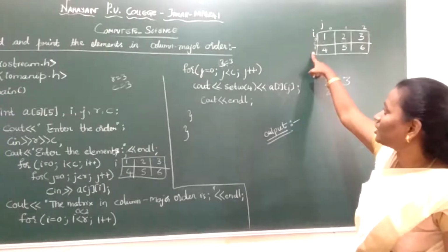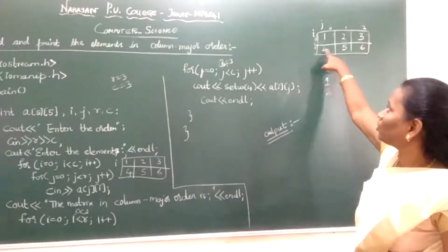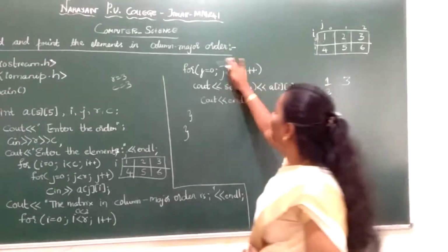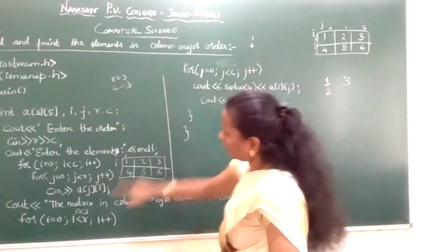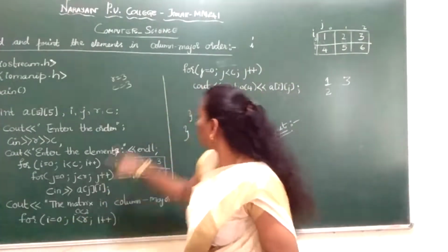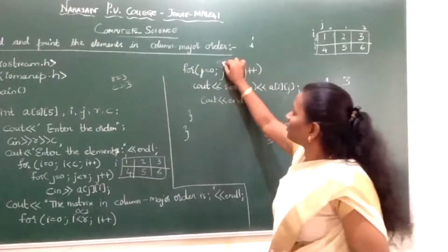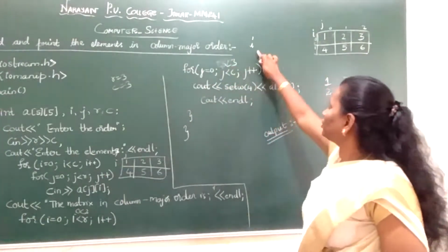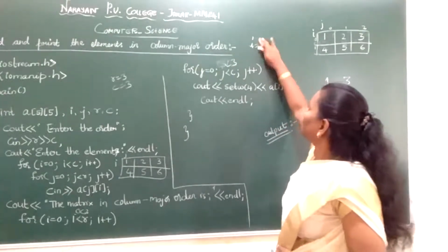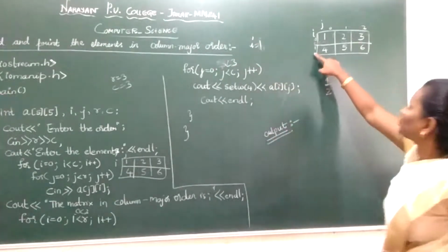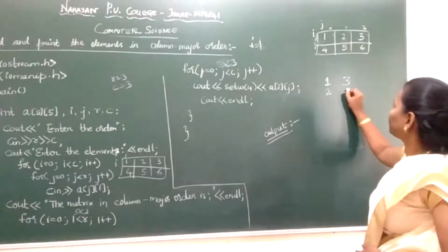When i value gets incremented to 1, j value is 0. In the next loop, i will be 1 and j will be as it is, 0. 0 is less than 3, yes, the condition is true. So what is at 1 and 0? I have 4.